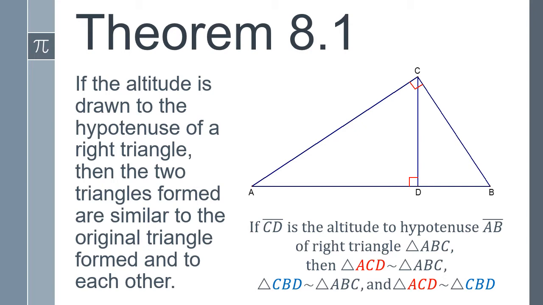So if segment CD is the altitude to hypotenuse segment AB of right triangle ABC, then triangle ACD is similar to triangle ABC, and triangle CBD is similar to triangle ABC, and triangle ACD is similar to triangle CBD.